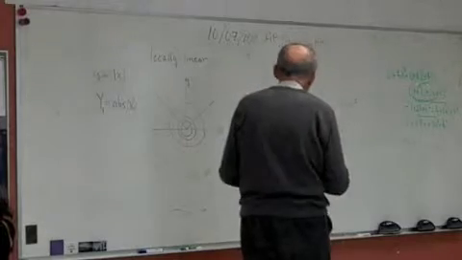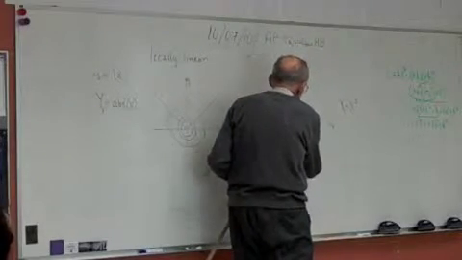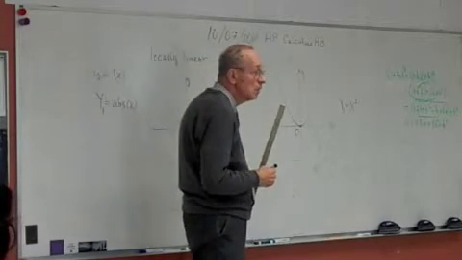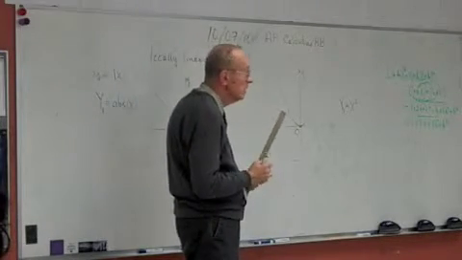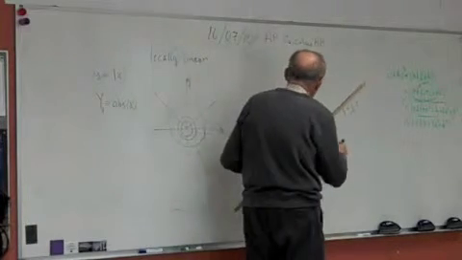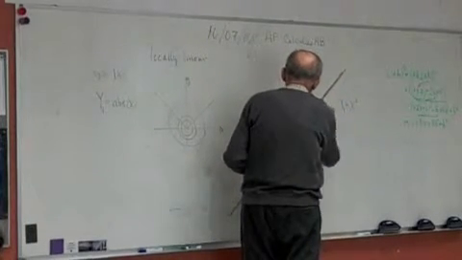Now, look at the origin. What's the tangent line at the origin? 0, the x-axis, right? Isn't that the tangent line? All right, zoom in on this, and what do you discover?